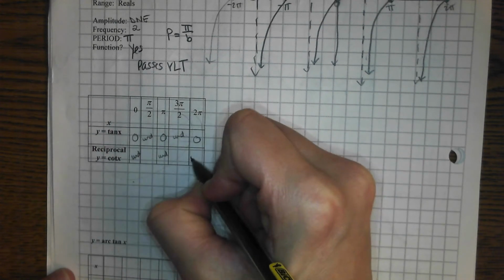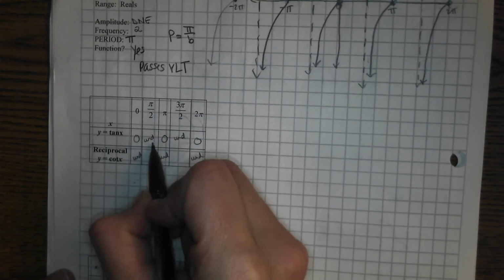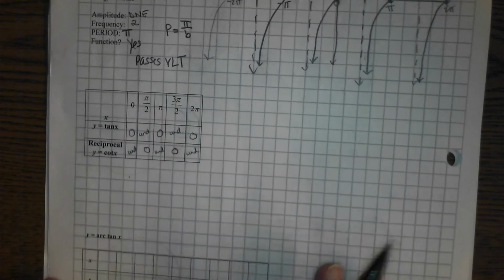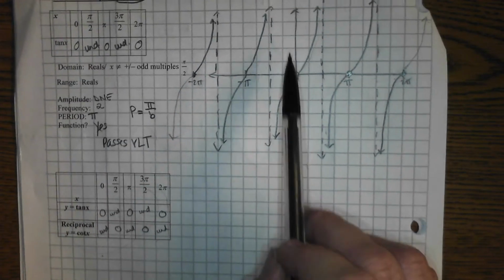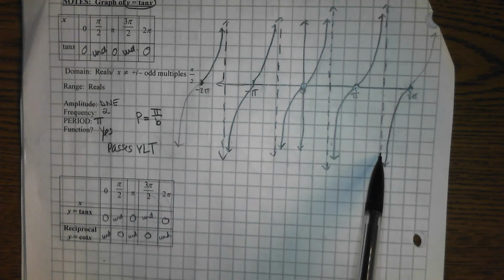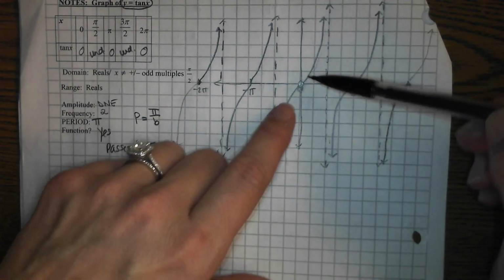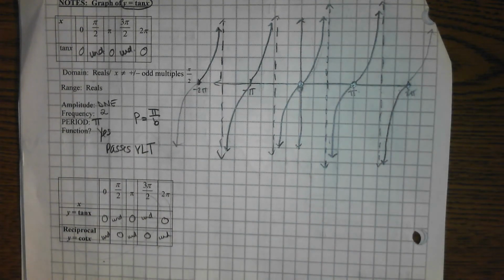So all of your zeros become undefined, and all of your undefined become 0. So it kind of flip-flops. In the tangent graph, your asymptotes are all at the pi's over 2. In your reciprocal function, all of your zeros become your asymptotes, and all of your asymptotes become zeros.